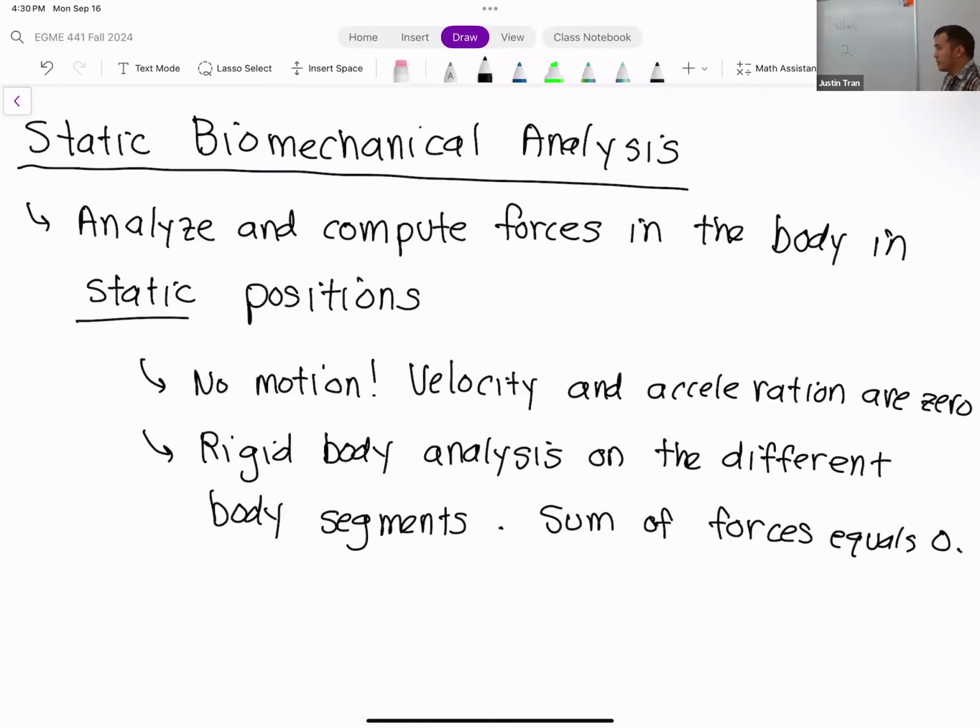All right, so that's going to be the central tenet of this entire unit. We're going to do sum of forces equal to zero. And what forces are we looking for? There are mainly three forces that we're looking for in each analysis.